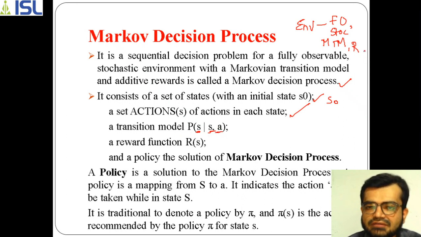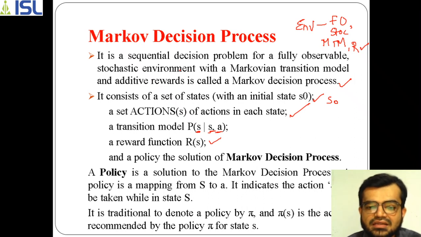And finally, we are using a reward system, so the reward function is there, which is termed as R of S. Also, as you know, the environment is stochastic. That means the agent doesn't know how to move from one state to another, I mean, which state will give the best path to reach the destination.